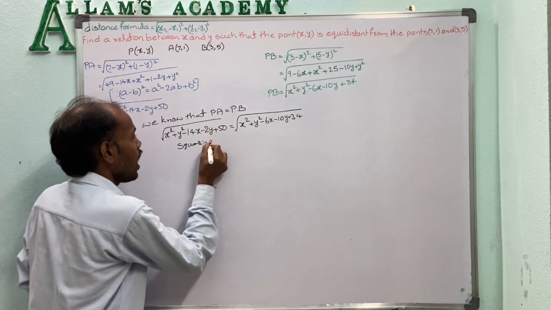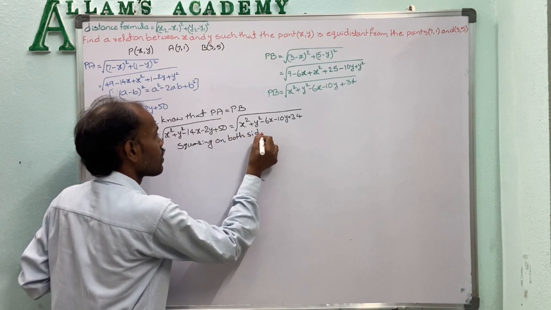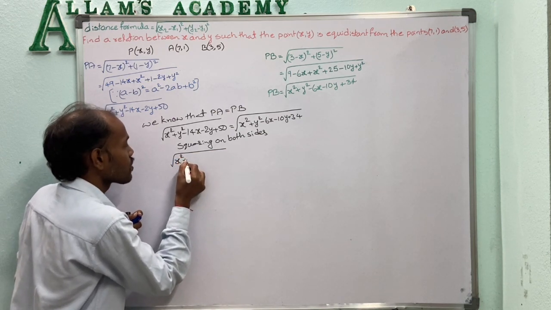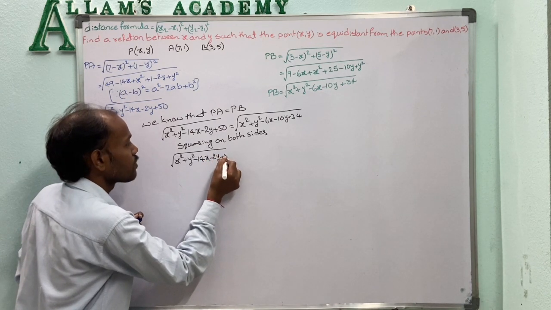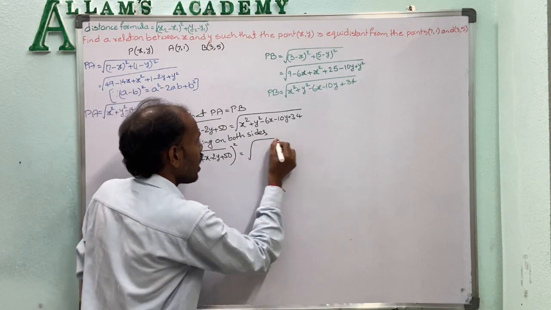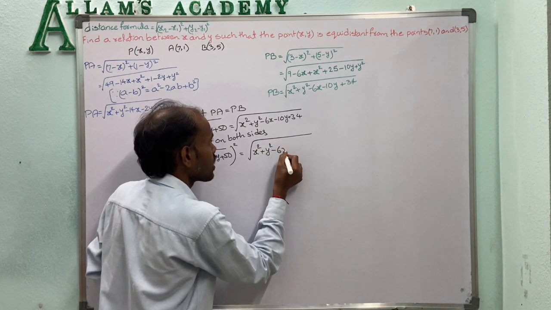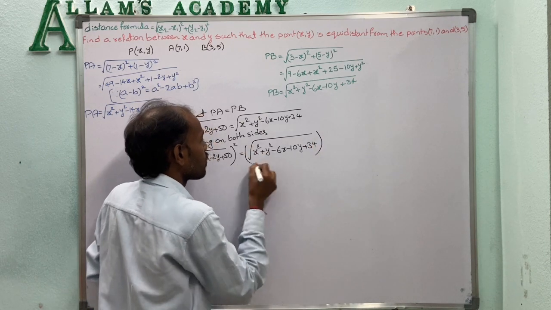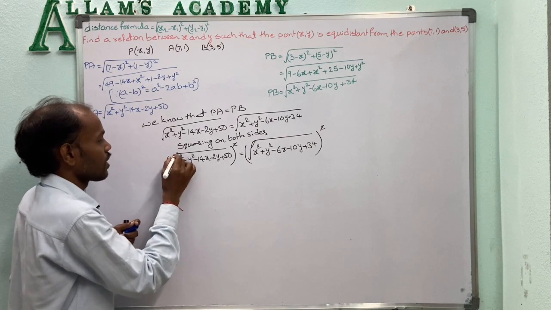So under root x square plus y square minus 14x minus 2y plus 50 whole square is equal to under root x square plus y square minus 6x minus 10y plus 34 whole square. So square and square root get cancelled.